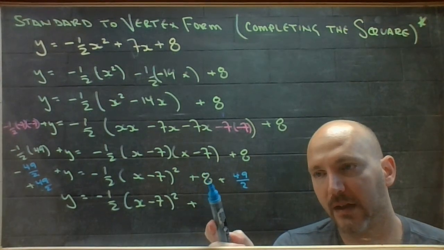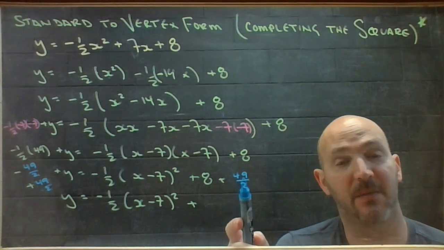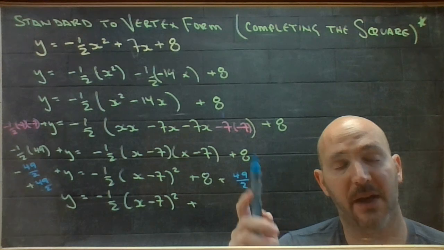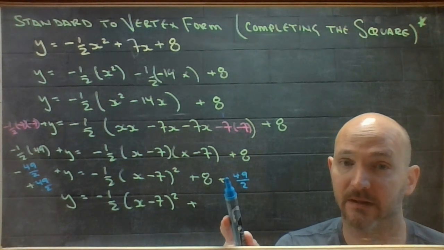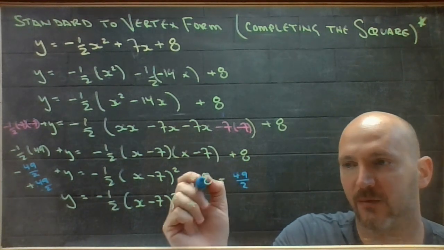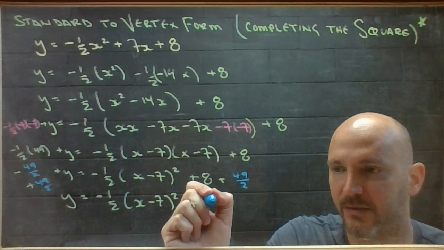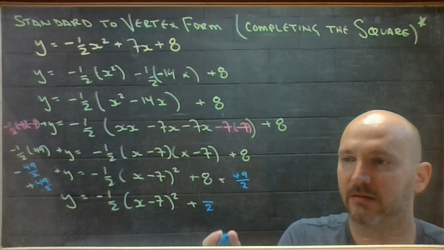Now here, I'm trying to add a whole number to something that's being divided by 2, and BEDMAS tells me I can't do that because I'm supposed to do the division before the adding. So I'm going to have to do some factoring magic here and write this as something divided by 2. So what divided by 2 would give me 8?